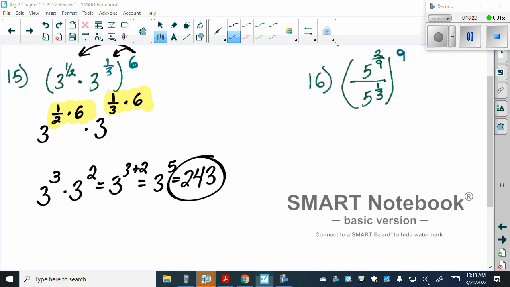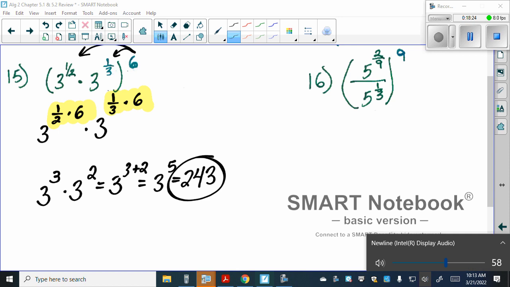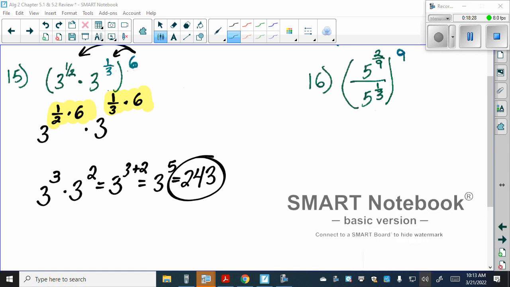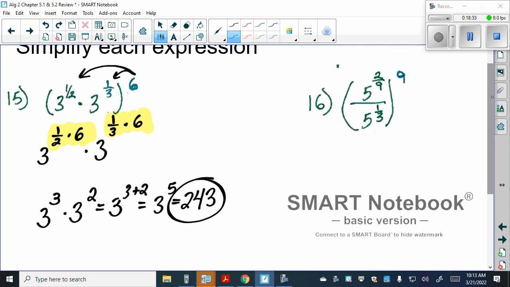And that right there would be our final answer. Any questions on this first one here? Okay. We can look at the next one, 16.